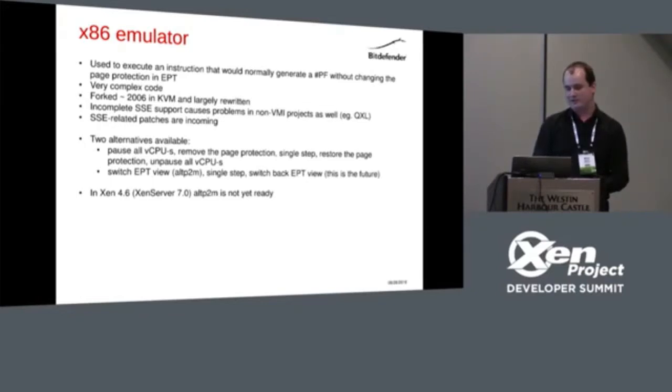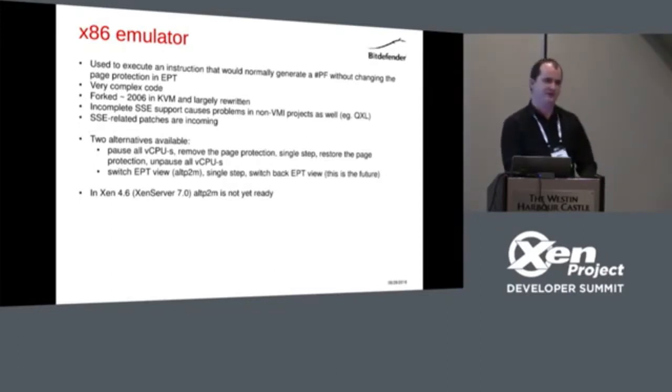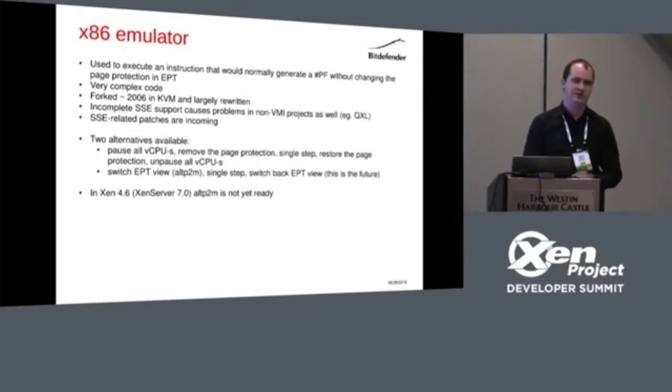The second one is the one we hope to be using in the future. It's alternate EPT views. You're allowed to change the permissions for the EPT for a single vCPU. So you can do a switch, single step, switch back, and resume. And it affects only one execution thread.